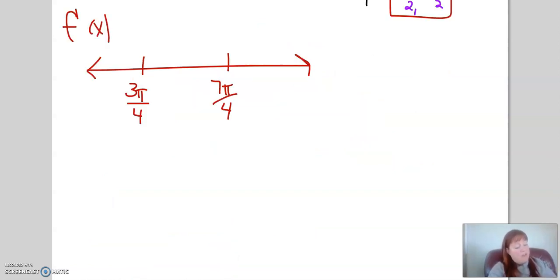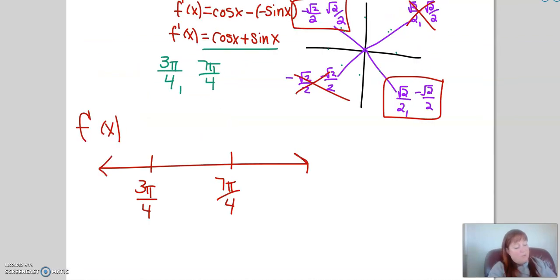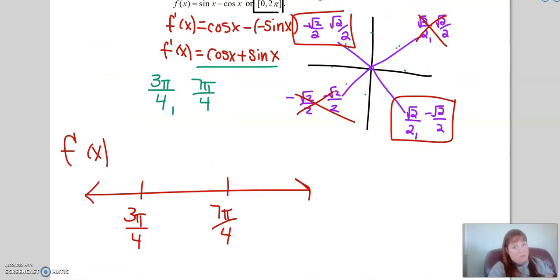Let's pick some values and see if this is what the derivative is equal to at each of these places. Okay. So let's just pick something less than 3 pi over 4. Let's pick 0. So at 0, we have this point that is 1, 0. And when we add those together, we get a positive number. Okay.